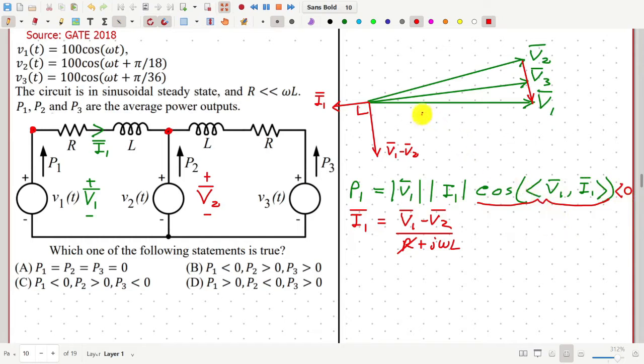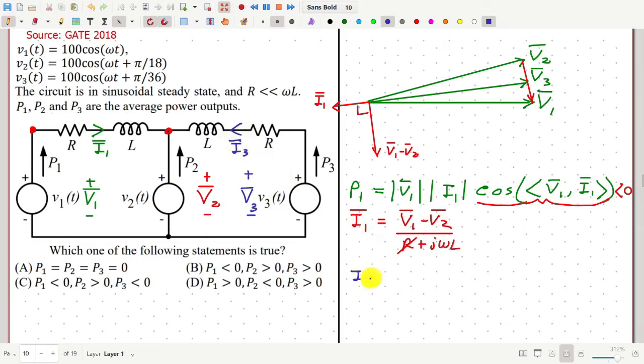This is one observation. Now in the same way, let us see what we can say about P3. Suppose this voltage is V3 bar and this current is I3 bar.